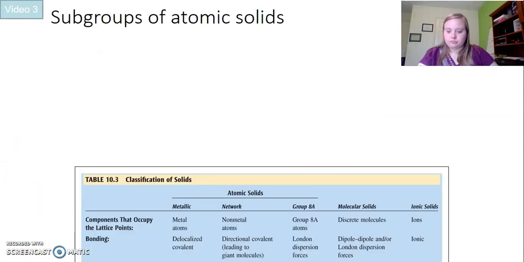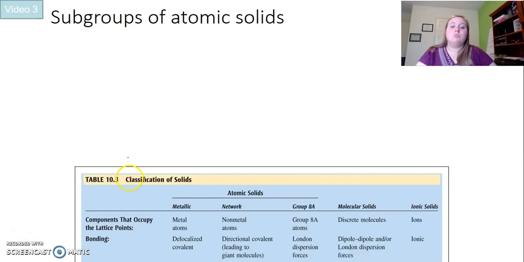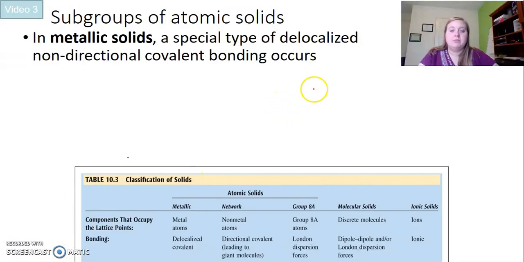The last part of this video that I'm going to go through, and we'll do some more with atomic solids in class, is I just want to briefly give you an overview of the different types of atomic solids. The first one that we're going to talk about is metallic solids. Metallic solids are a special type of delocalized non-directional covalent bonding.